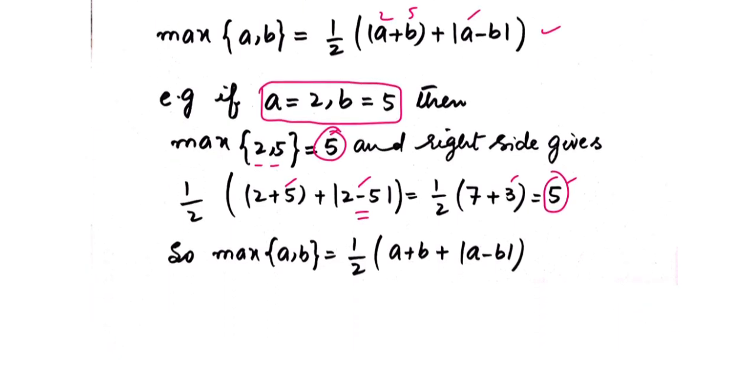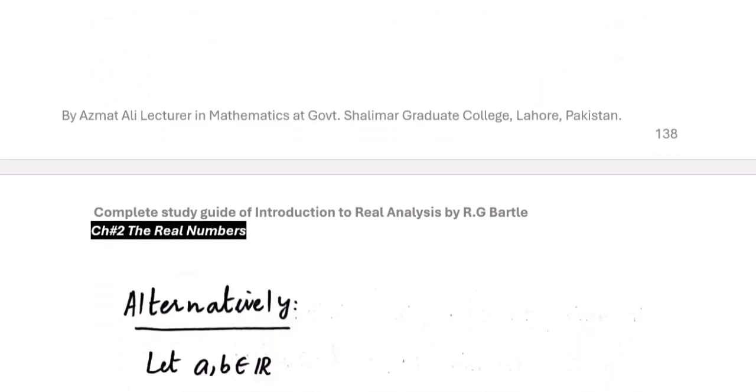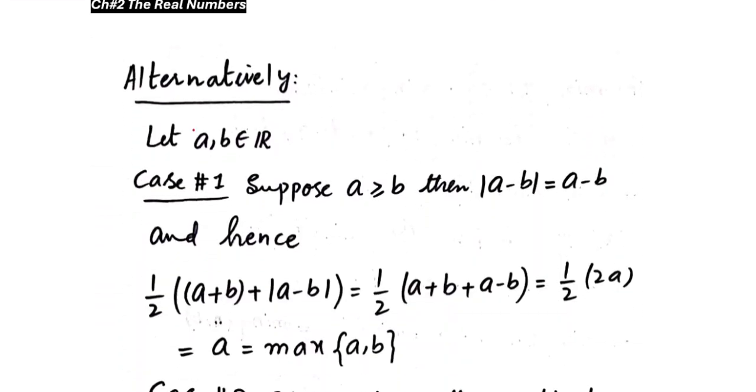We can prove this part in an alternative way. Suppose a and b are given real numbers. Suppose a is greater than or equal to b. If a is greater than or equal to b, then clearly its absolute value will be equal to a - b. Hence, in this part I will solve the right hand side, that is 1/2 (a + b + |a - b|).